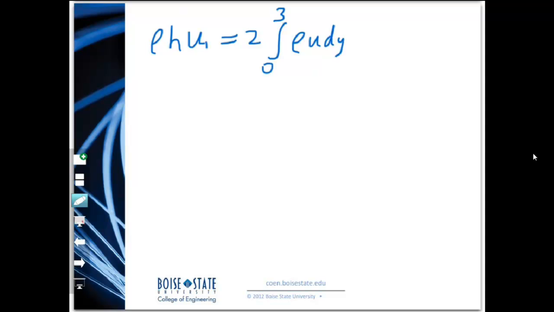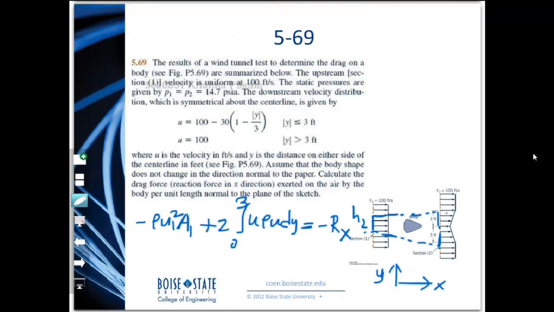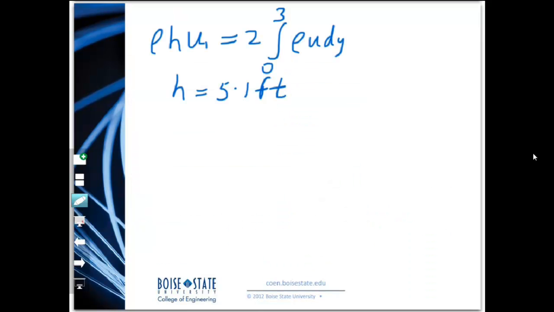So you can go ahead and compute h from here. You know u1, you know the profile, and it's a pretty simple integral. You'll get h to be 5.1 feet. And if you look at the figure, it makes sense. The whole length is about 6 feet, so it should be less than that.